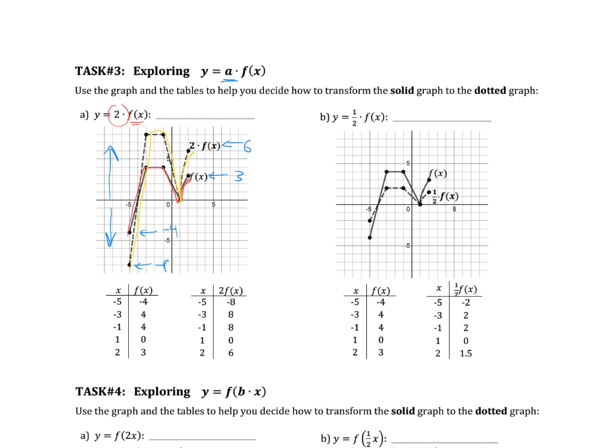So this is what we're going to call, because it's growing, wish you could see my hands, it's growing vertically. The tall gets taller, and the short gets taller, but the negative stuff below ground goes farther below ground. It's getting more extremely far away from the x-axis. We're going to call that vertical expansion.